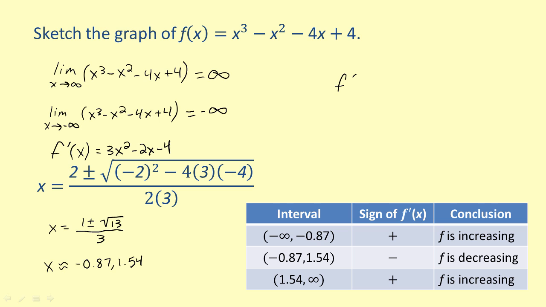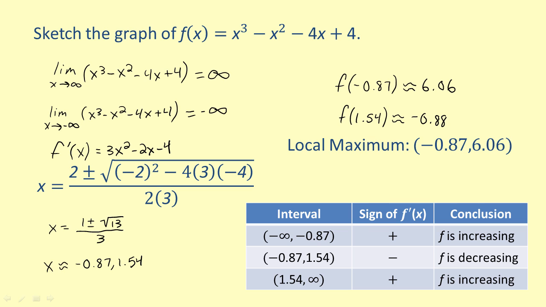For f of negative 0.87, we get approximately 6.06. For f of 1.54, we get approximately negative 0.88. Therefore, we have a maximum at (-0.87, 6.06), and a minimum at (1.54, -0.88).